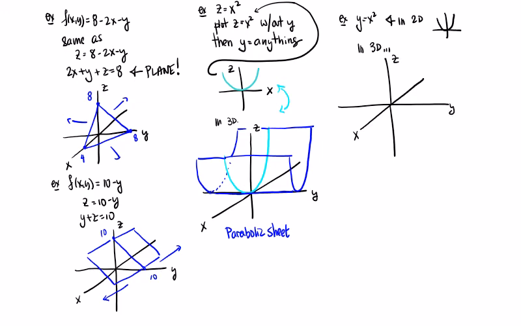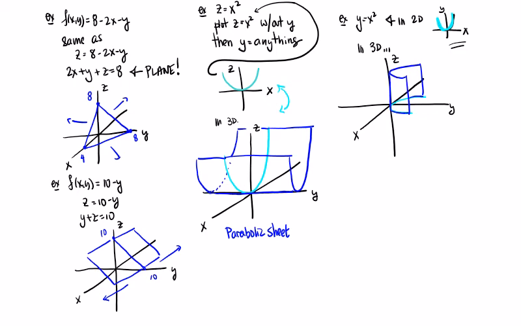So again, let me draw 2 pictures here. The y equals x squared goes like this. That's this picture up here, because we've got the x-axis and the y-axis. So this wraps around the y-axis. Down in the picture below, it wraps around the y-axis. Then we extend it in the z direction. So we get another parabolic sheet, like that.